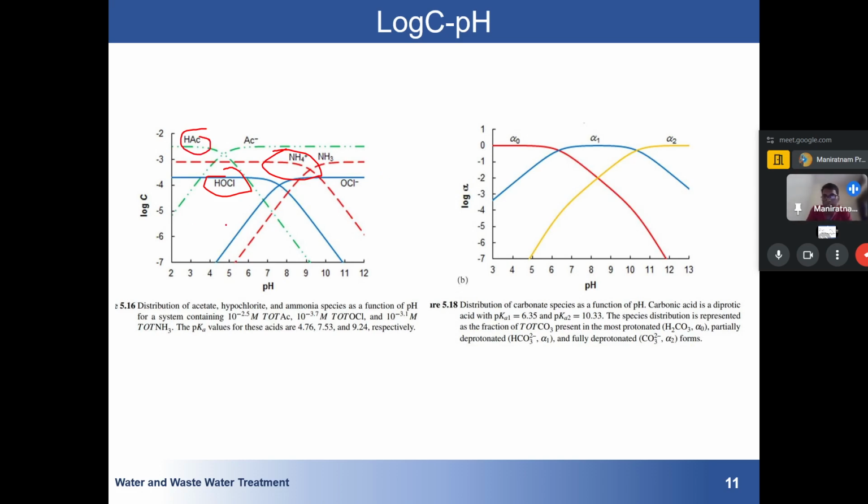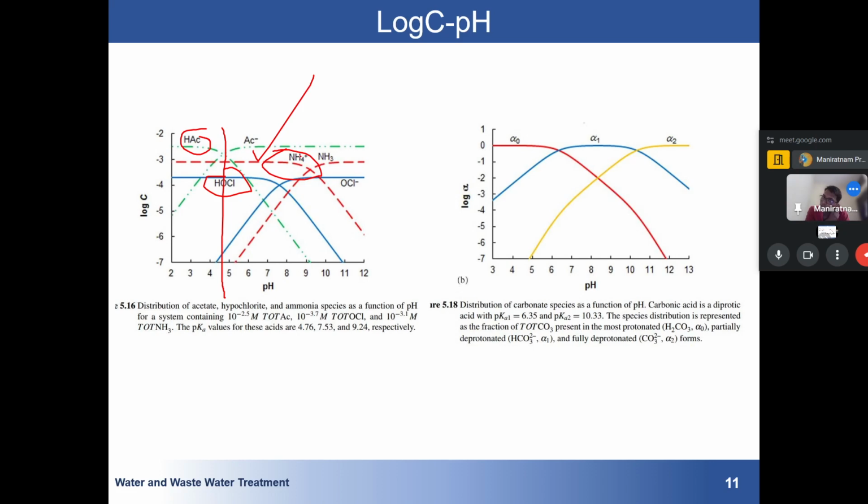You can see that for acetic acid the pK value is 4.8. Before this line HAc is dominant, and after this pH the acetate ion is present. Similarly, for ammonium you can see that its pK is around 9.1 or 9.2.